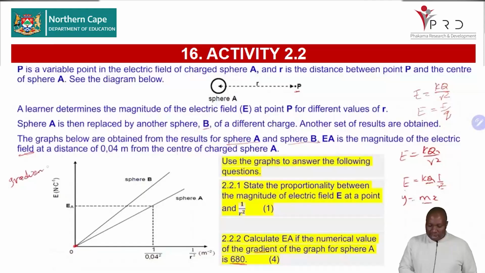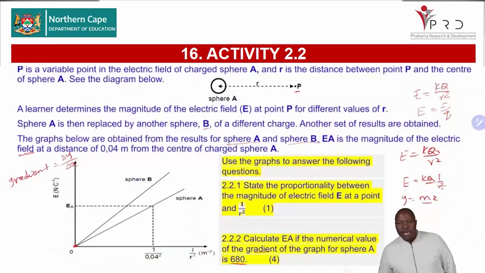Remember, gradient is change in y over change in x. So I'm giving you a clue there, so that after 3 minutes, when you come back, we're doing the solution, and I hope you will have done this problem correctly. So see you in about 3 minutes.